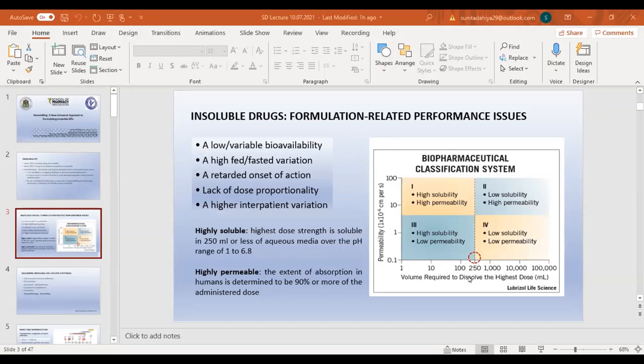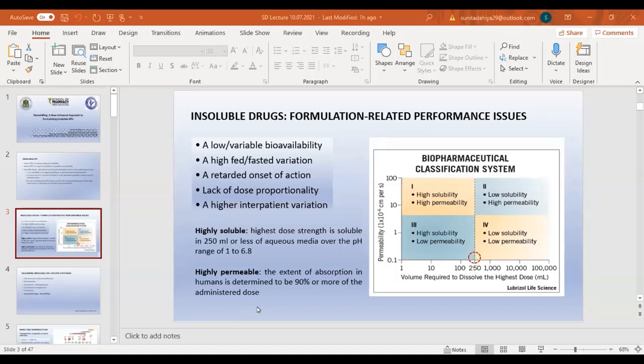And that's why we can say that this dose solubility ratio, that is 250 ml, must be less than that. If it is more than that, the drug has a solubility issue. And why does the BCS classification say 250 ml? Because it is approximately a glass of water that a patient usually takes along with a tablet or capsule, which is the most widely used oral dosage form. And this is how this classification defines the highly soluble drug molecules.